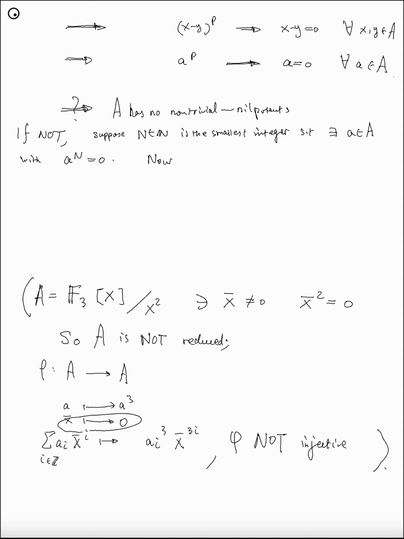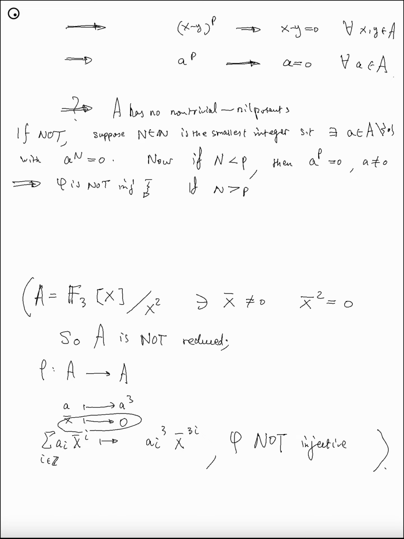And now let's look at this. If n is smaller than p, then we have a to the power p, I mean, of course, there is a non-zero element a with a to the power p equals 0, and this implies Frobenius is not injective, contradiction.